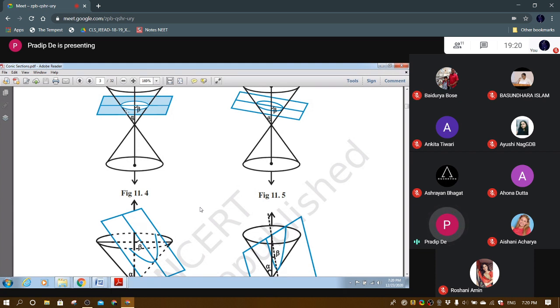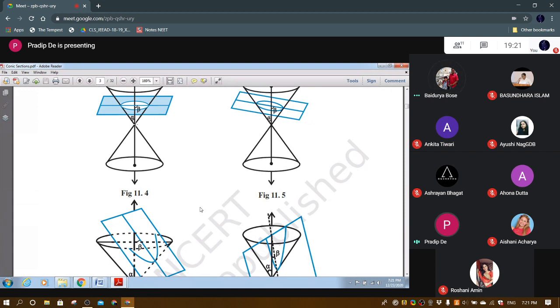Say case 1. When you get a circle, the plane is perpendicular to the axis and you get a circle. Now bring it down to the vertex. The radius of the circle will become smaller and smaller and smaller. And ultimately when the plane passes through the vertex, what do you get?